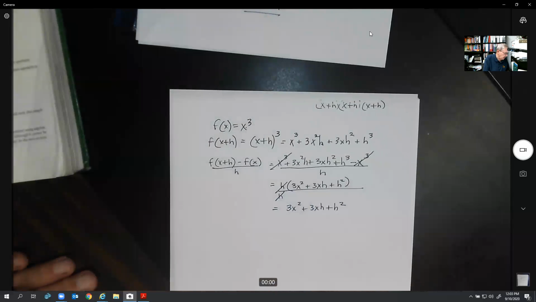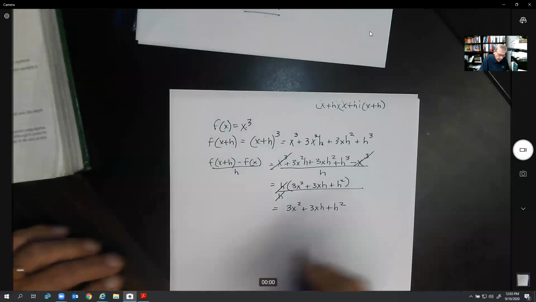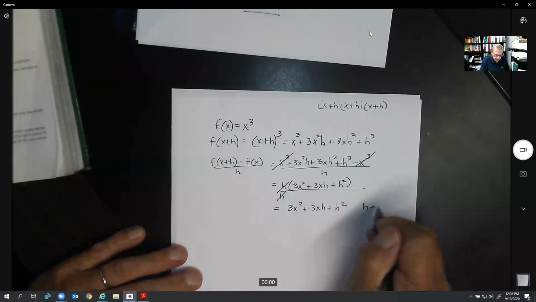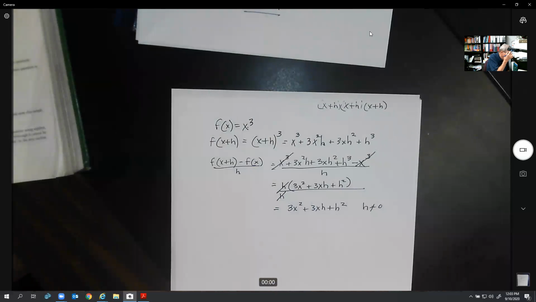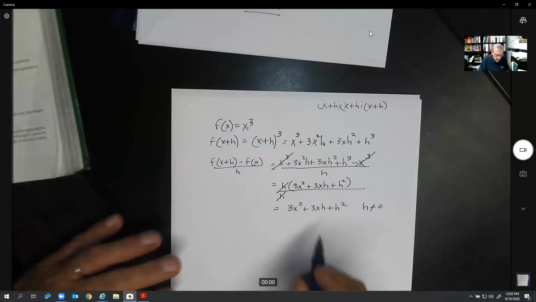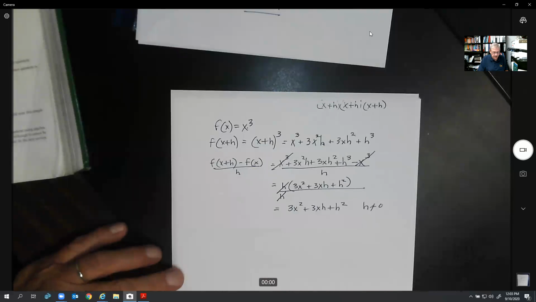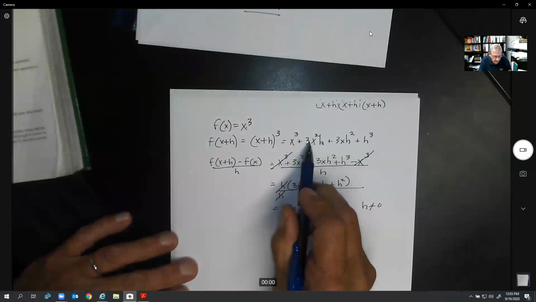And that you have used a difference quotient. We put a little disclaimer, h cannot equal 0. And we have calculated out this problem. Pretty exciting, huh? So this is your difference quotient. I was just checking if it's right. And that's how they got these numbers.